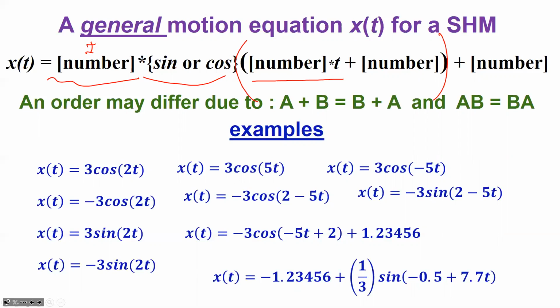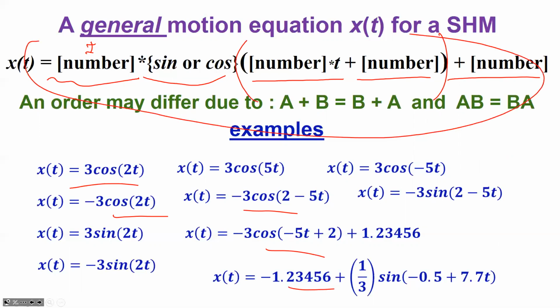One part has a time, times a certain number, and then plus a number. These terms, we will talk about them, they have slightly different meaning, but it doesn't matter what kind of equation you see. If it has this structure, that's an equation for a simple harmonic motion.